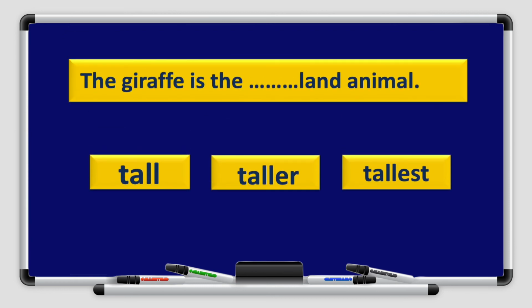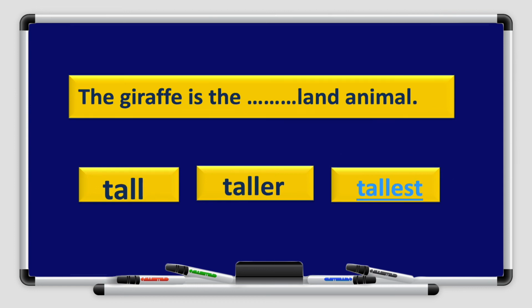The giraffe is the space land animal. Tall, taller, tallest. What do you think, boys and girls? Excellent. The giraffe is the tallest animal.